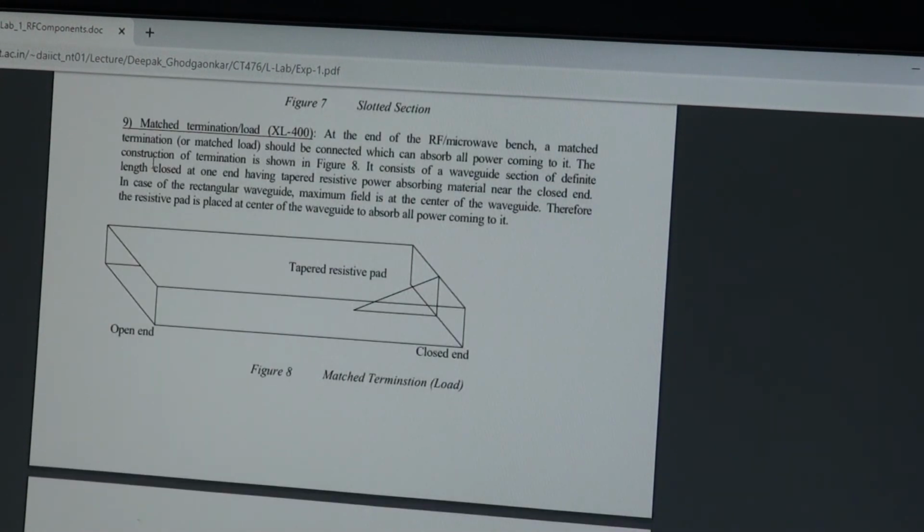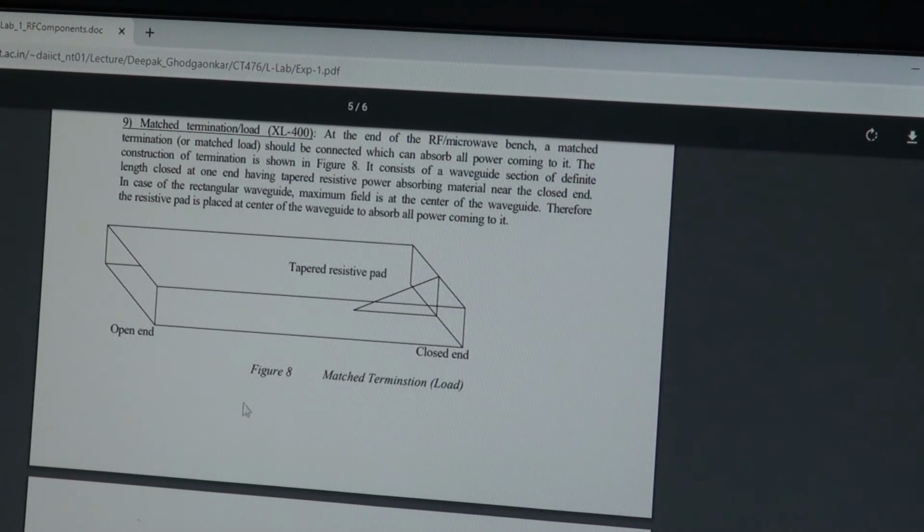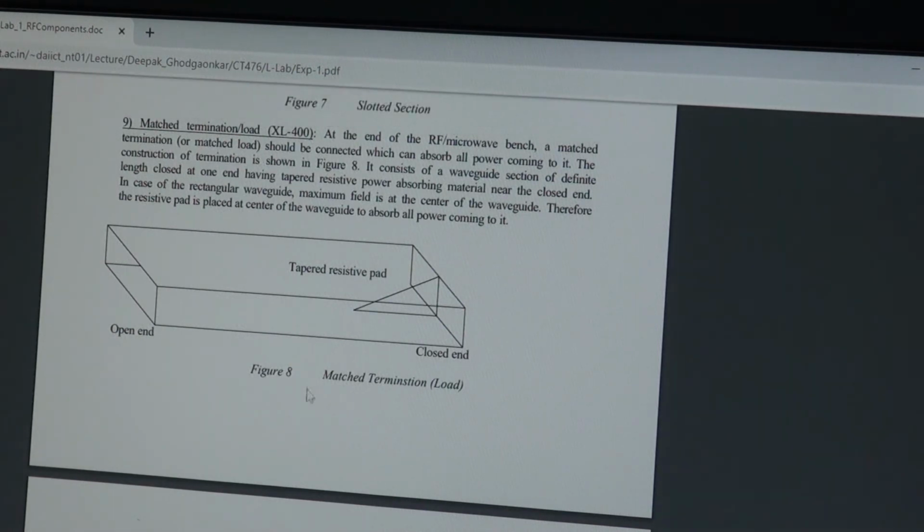And the ninth component is the matched termination, and figure 8 represents the matched termination load. This is the open end on one side, this is the closed end on the other side, and at the end side a tapered resistive pad is there that absorbs the whole power coming from the microwave test bench.